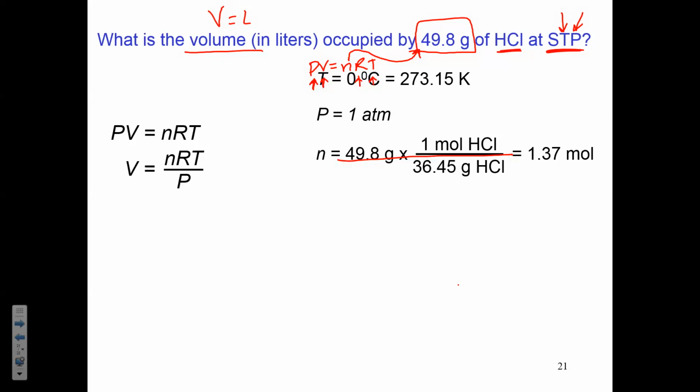I'm given grams, which means I have grams down here, and I'm going to moles, so I have moles up on top. This number is the mass of HCl, which I took from the periodic chart. Then I can just solve it out, and I end up with 1.37 moles. Now I have my n.